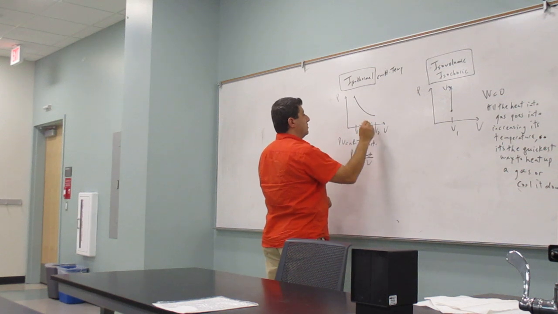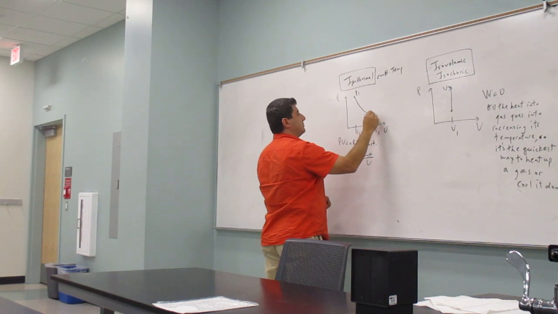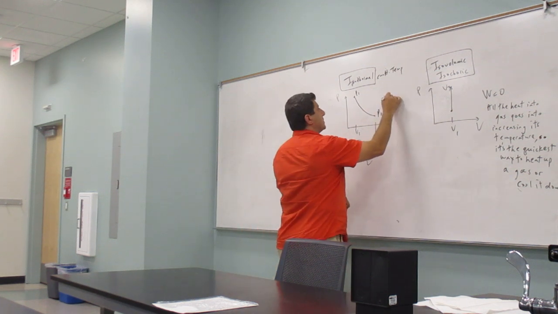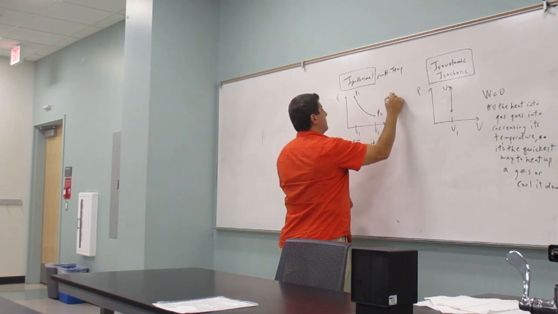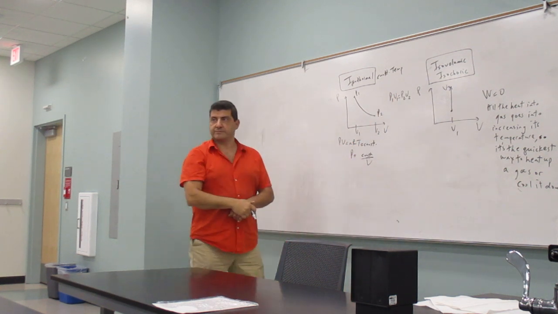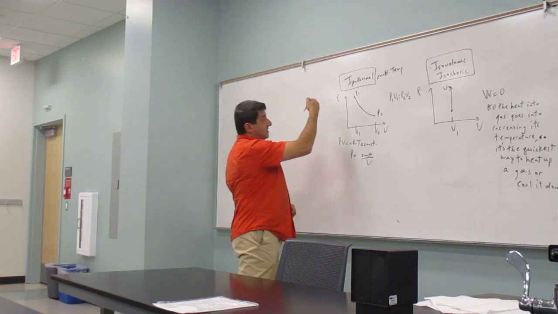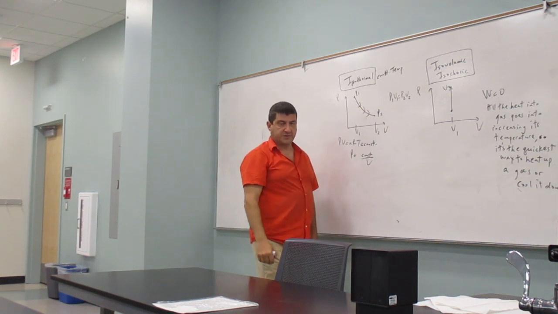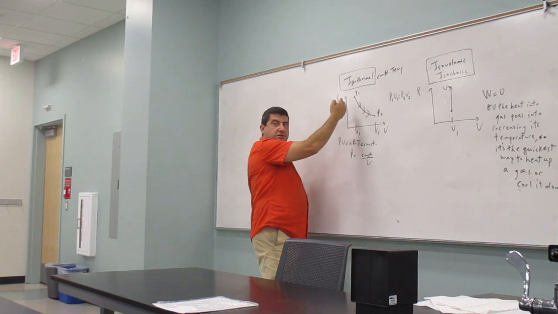V1, V2, this is P1, this is P2. So then you're going to have P1 V1 is equal to P2 V2. Okay? So now if you're going this way, that means the gas is the one doing the work. And if you go the other way, you're the one doing the work, right?